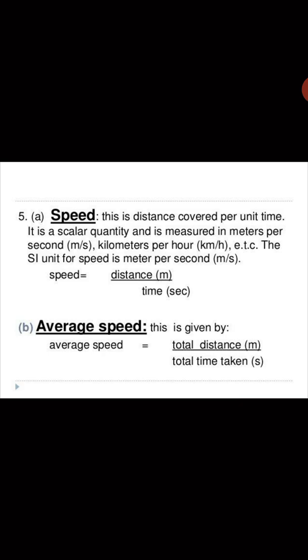Then, in order to find the average speed, you use the formula: average speed equals total distance upon total time. Again, the units remain the same, that is, average speed is in meters per second.